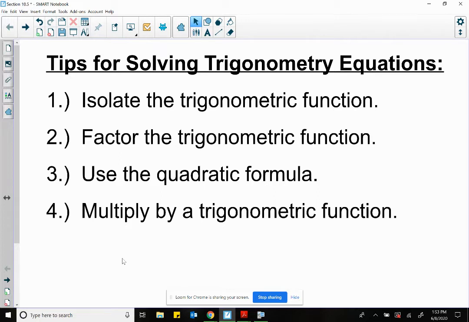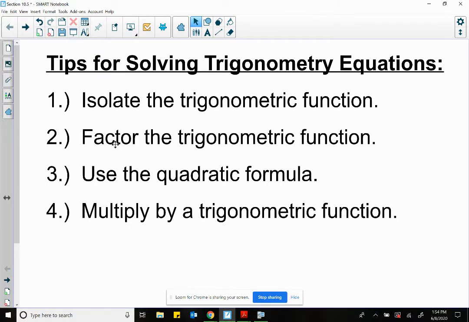Everything that we did in 10.4 is going to be pretty important for us in solving trigonometric equations. So you want to isolate your trig function, and we like it when we only have one trig function to deal with. If you have two trig functions and you're trying to solve and use inverse trig, it's not really going to work out in the end. You want to make sure that you're dealing with only one trig function at a time.